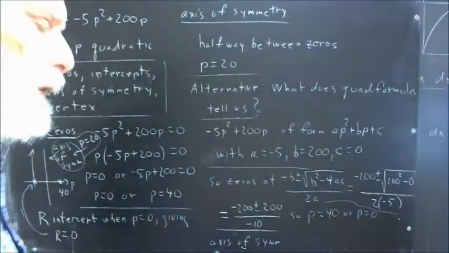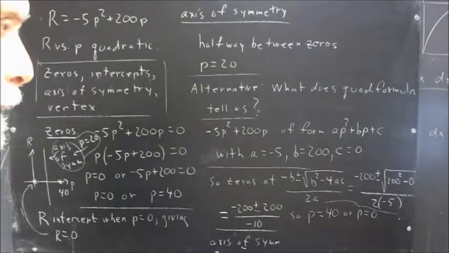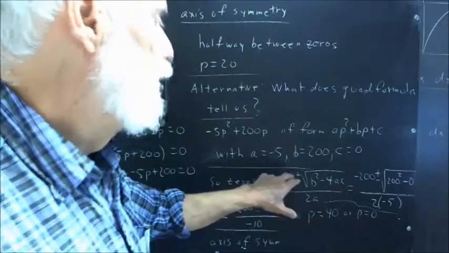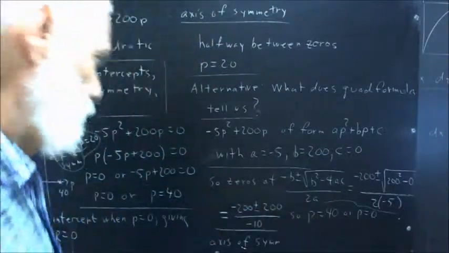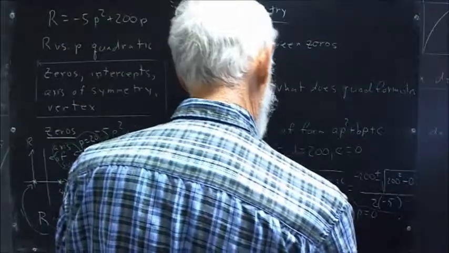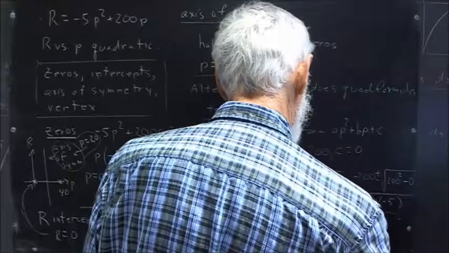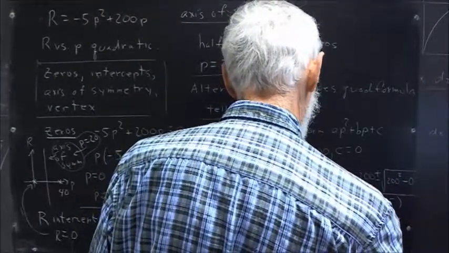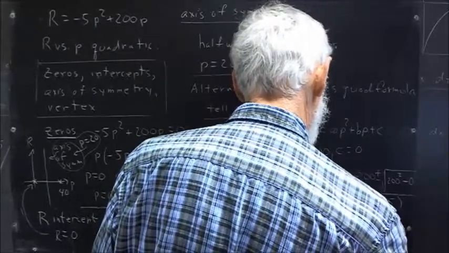is what? Well, how do you get the axis of symmetry from the quadratic formula? It's the negative b over 2a, which is halfway between negative b plus this and negative b minus this over 2a. Okay, axis of symmetry, p is negative b over 2a, which is the negative of 200 over 2 times negative 5, which is 20.